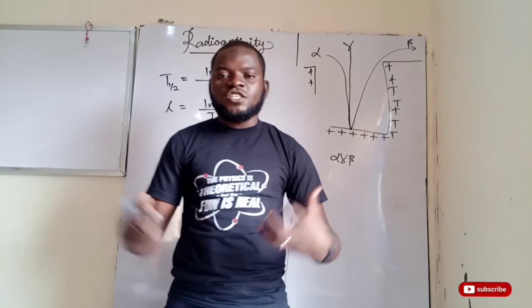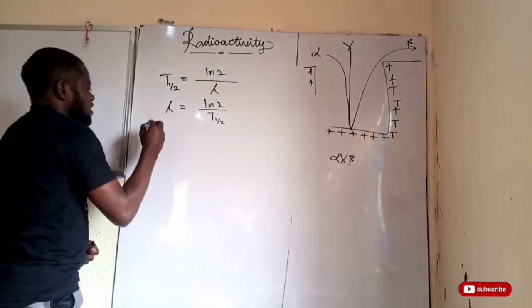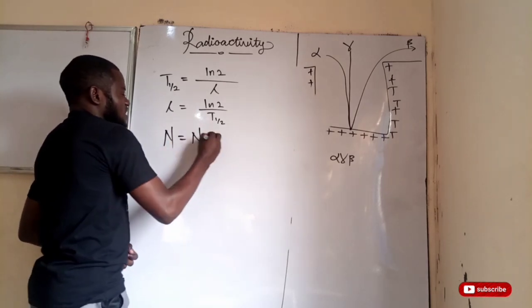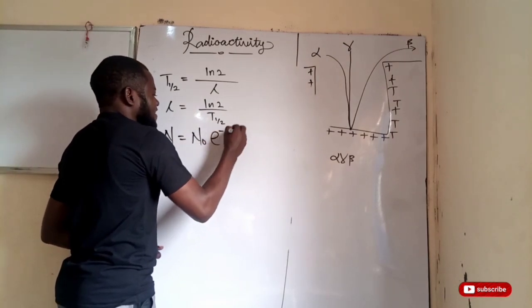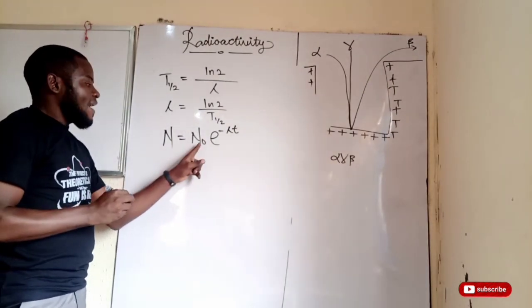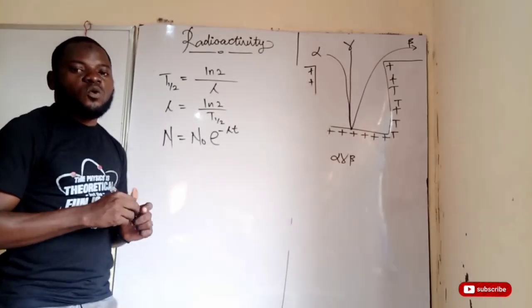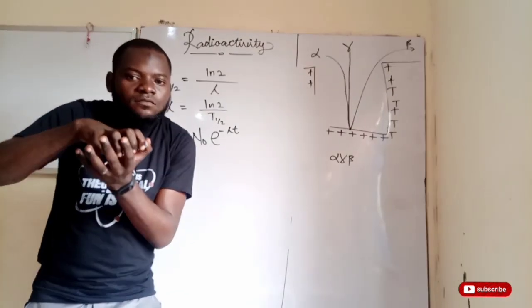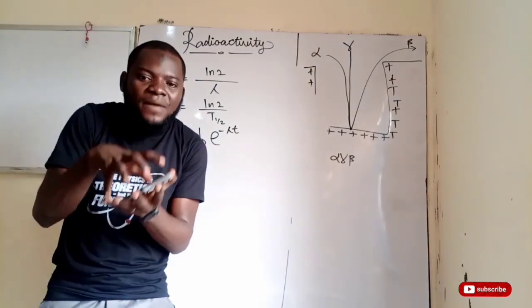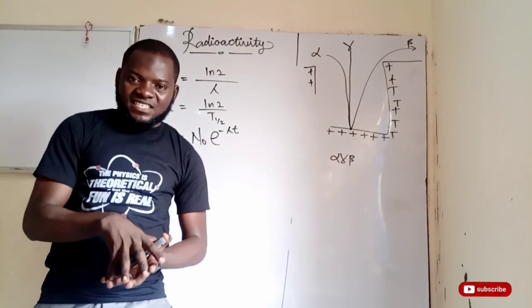We have this equation to relate that information. N equals N naught e raised to the power of negative lambda t. This is the equation. N naught means the initial atoms, when you've not started checking time. Before I keep the biscuits, how many biscuits do I have? 10 biscuits.